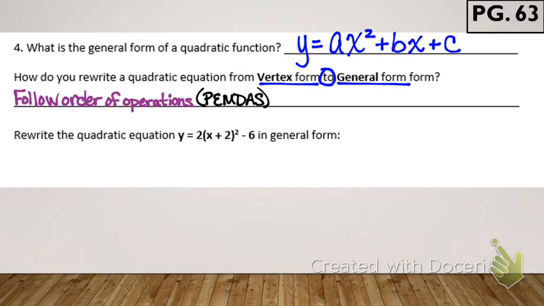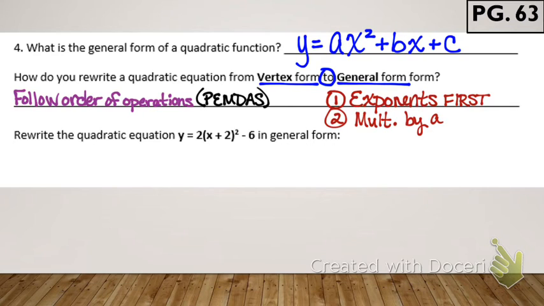Now, when I'm doing order of operations with something that is in vertex form, I have parentheses, but I can't simplify it at all. So this is going to be our process every single time. We are going to start with the exponents. Then we will multiply by our a value.